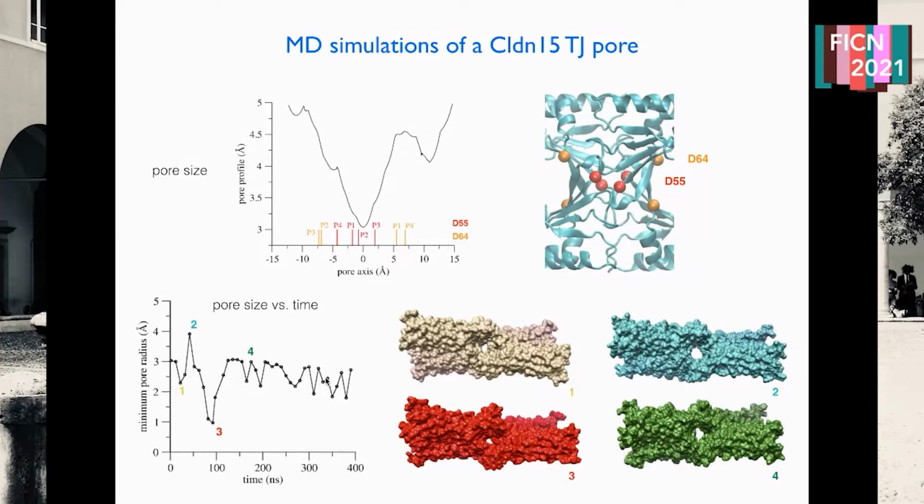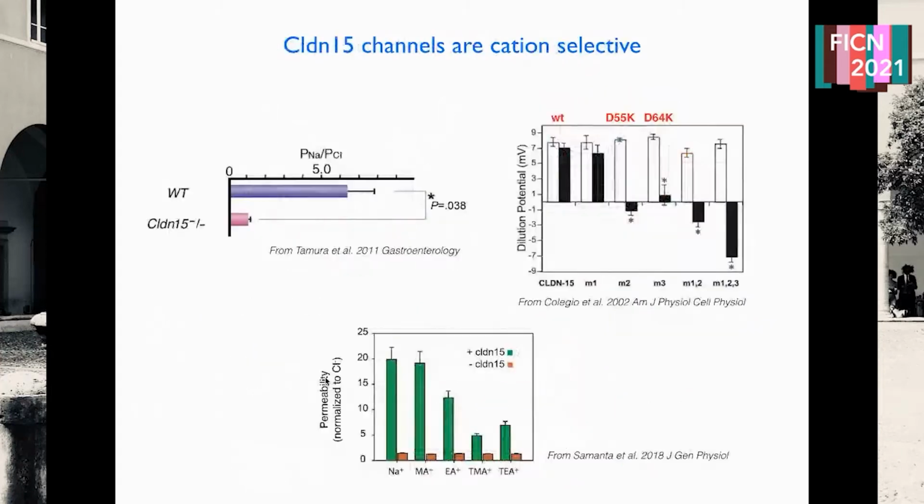So we were quite happy with this for the structure of the pore, but what about the function? I've mentioned that Claudin 15 is cation selective.